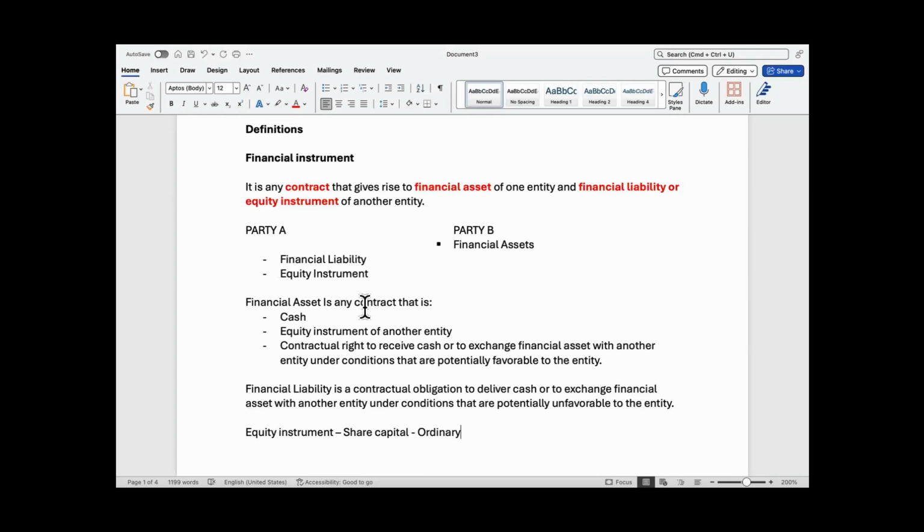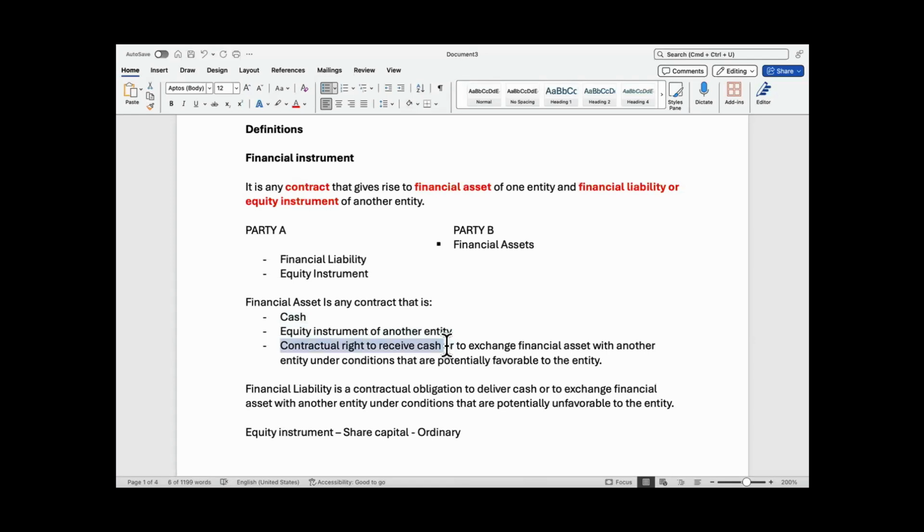You need to understand that those types of assets are not financial assets. They are not. Even though, yes, you can make money from them, they are not cash. They are not equity instruments of another entity. Neither do they give you a contractual right to receive cash.